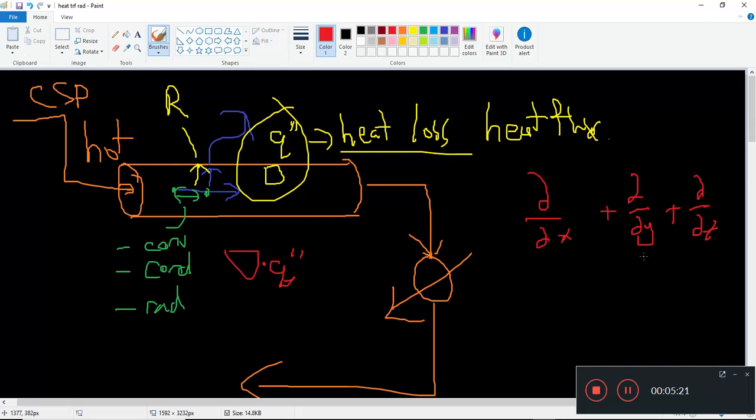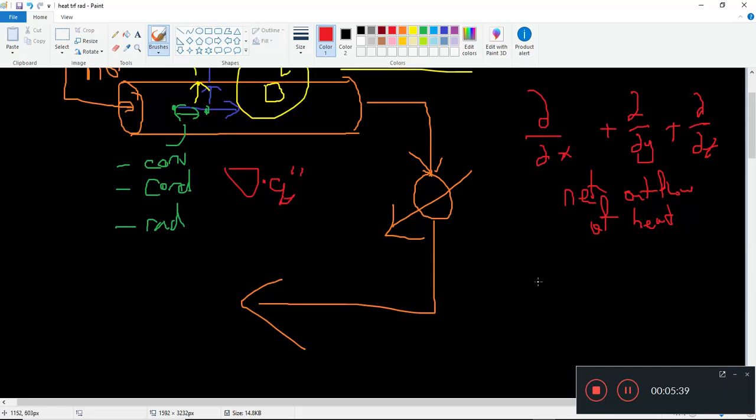Basically, what it's saying is the net outflow of heat. Just remember, it's something like Fourier's law. You have this divergence thing here. The heat flux equals K nabla T. We see this triangle symbol before.